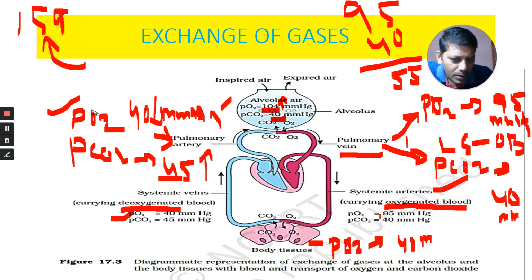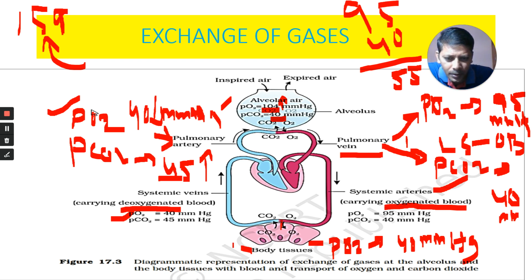Now as the partial pressure of oxygen here is 95, and as I told you, the partial pressure of oxygen in the tissues is 40 mmHg. Here is more partial pressure, in the blood 95. Here 40. Now the oxygen is diffusing into the tissue cells.